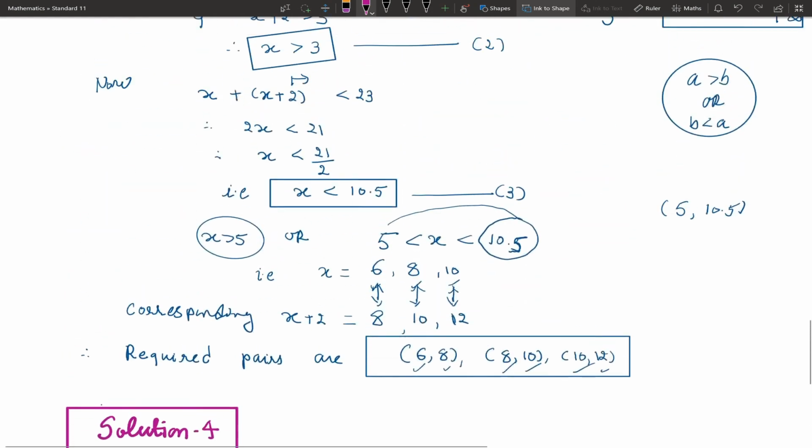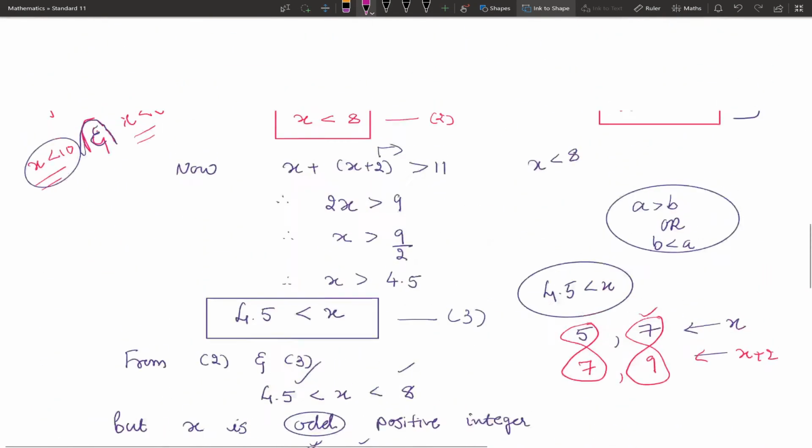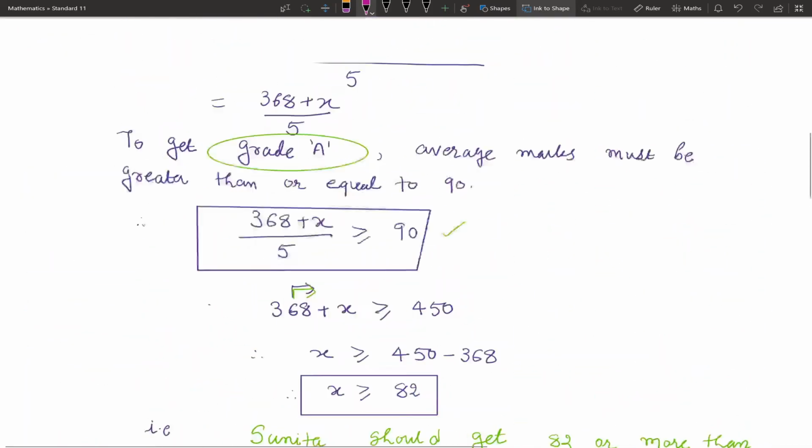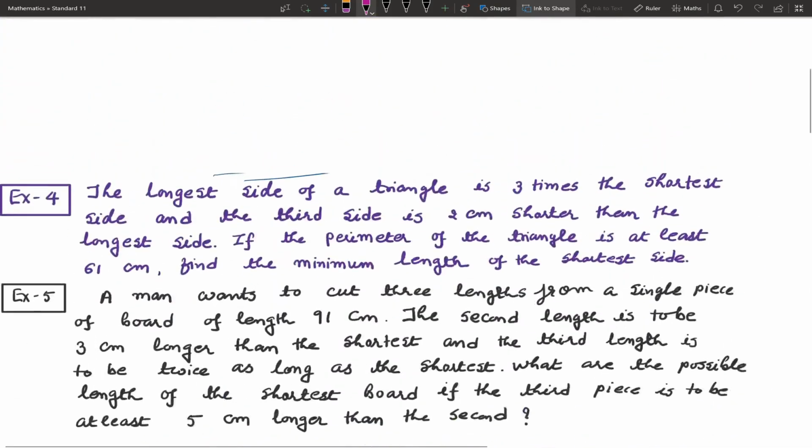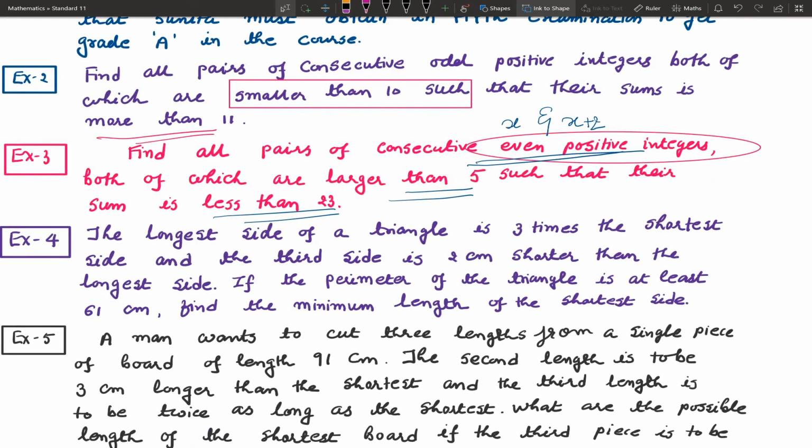Now the fourth question: the longest side of a triangle is 3 times the shortest side and the third side is 2 centimeters shorter than the longest side.